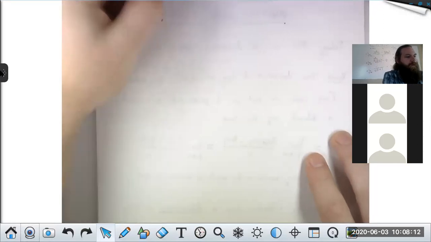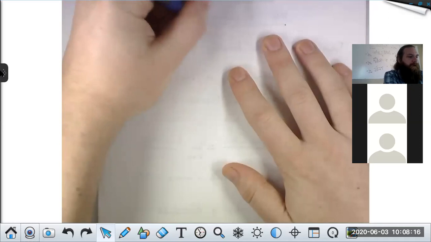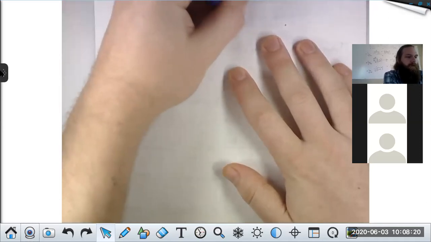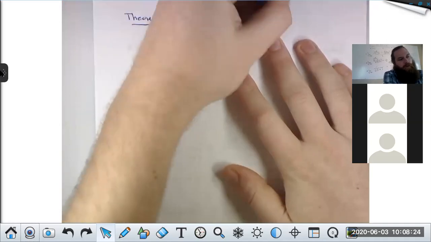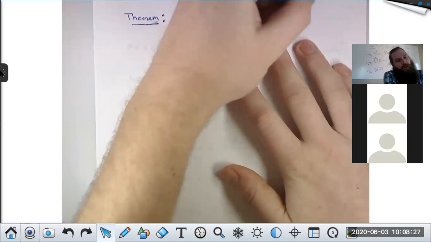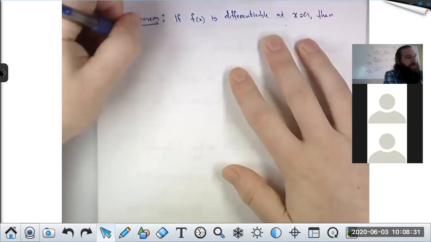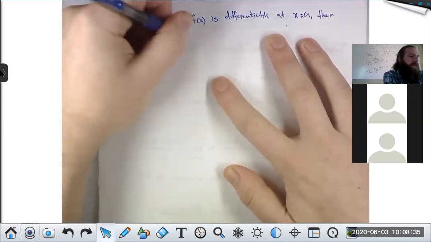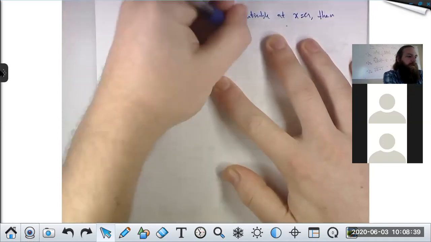There are some implications here. It turns out if f of x is differentiable at x equals a, then f of x is continuous at x equals a.